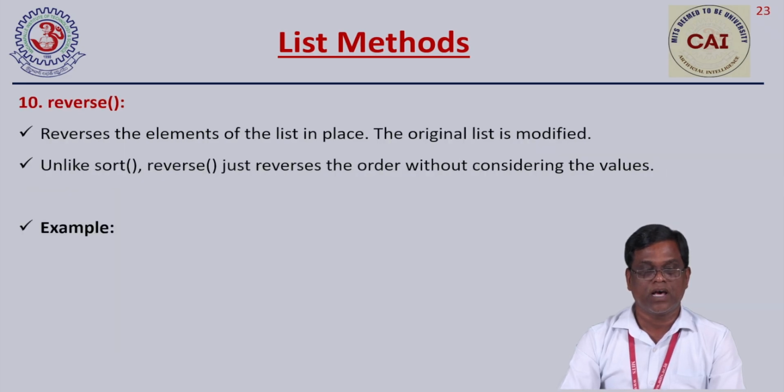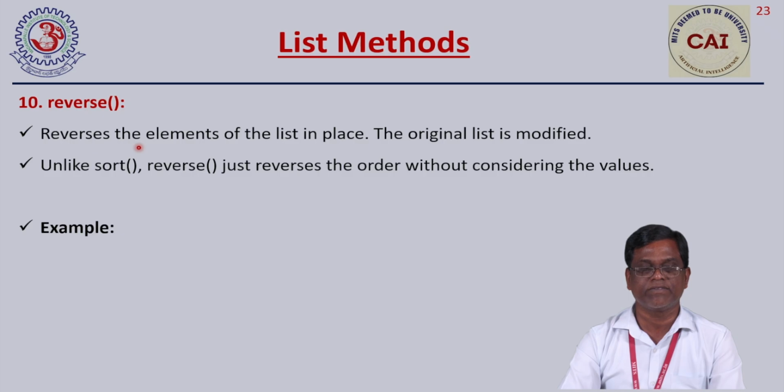And the last method is the reverse method. It will reverse the elements in the list in place, so the original list is modified. Previously we had a method to reverse the list of elements, but in that case it will not modify the original list. But here we can modify it.